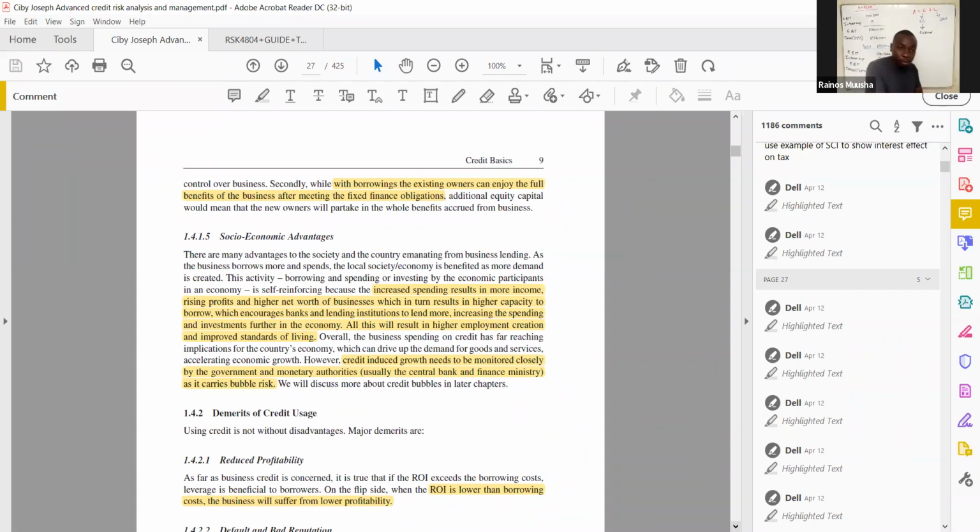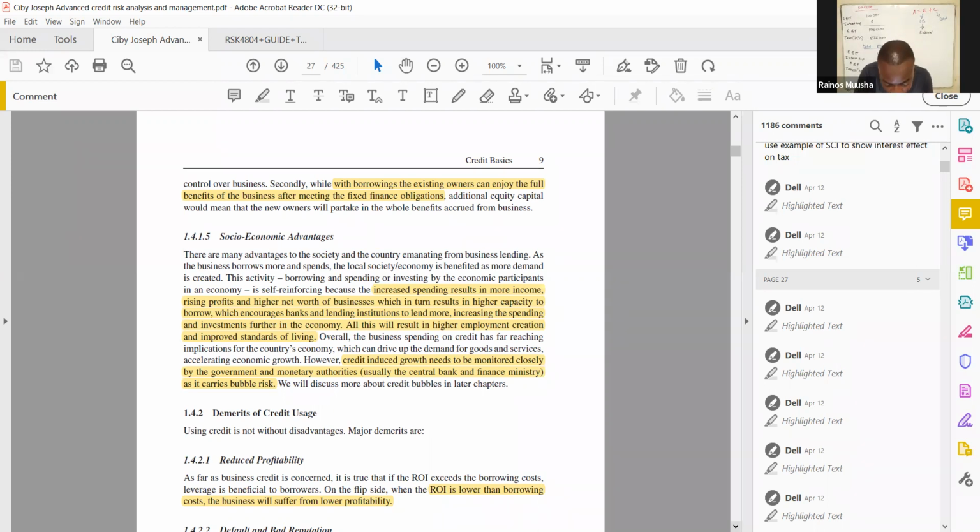If more people are being employed, the unemployment level goes down, which means the standard of living is expected to increase as well. So that's basically the effect of the socio-economic advantage of credit within a particular economy.